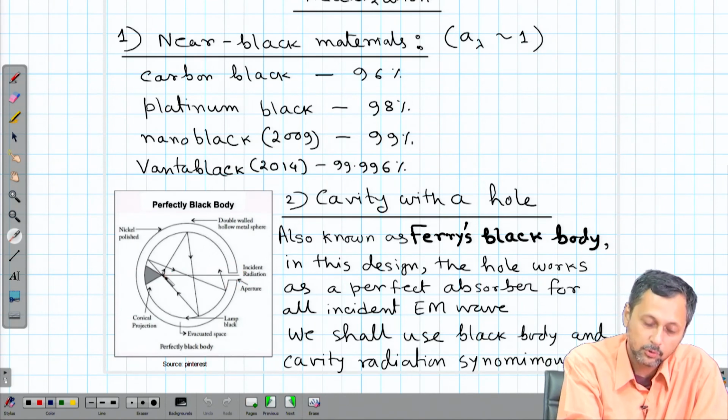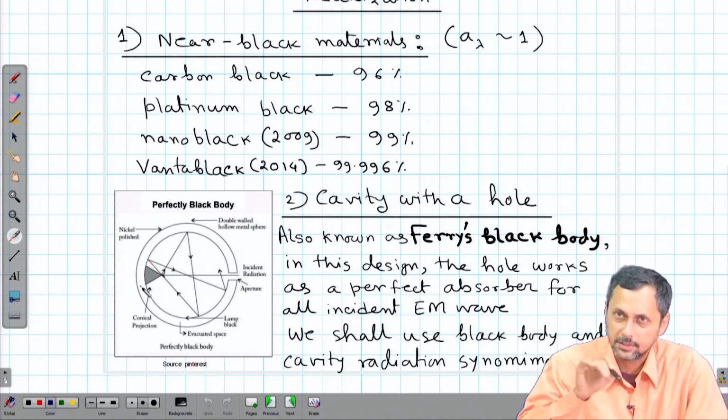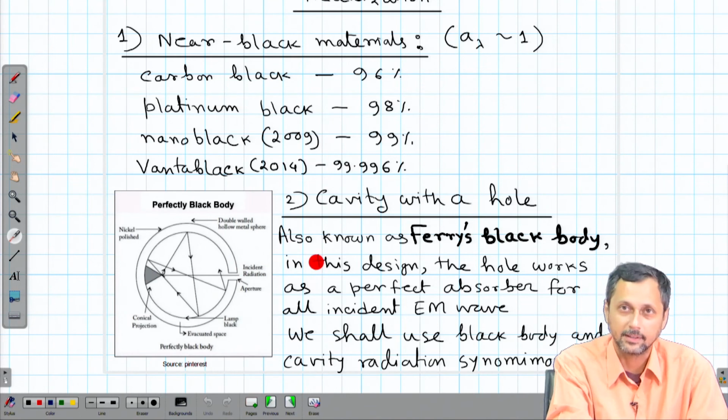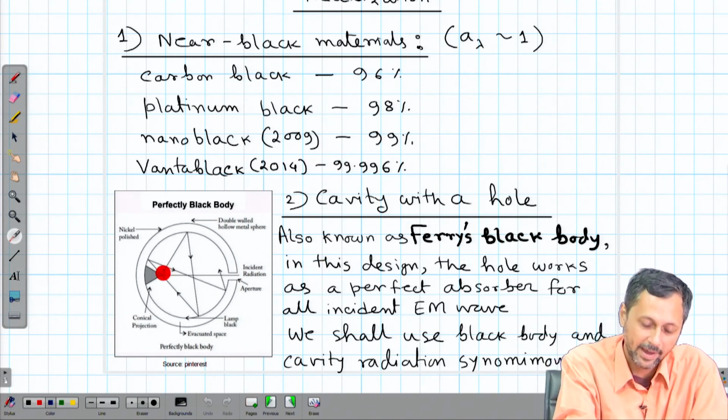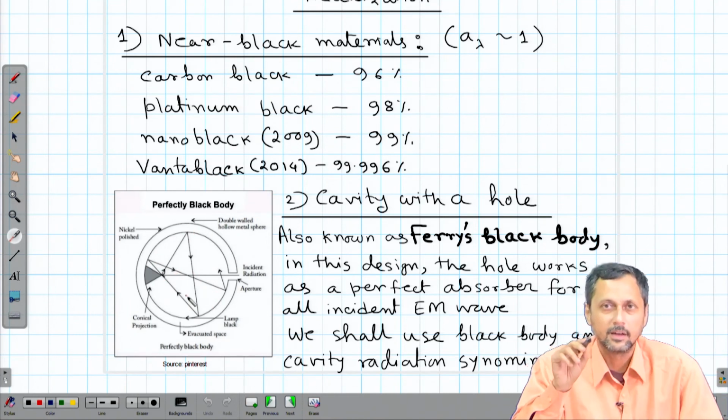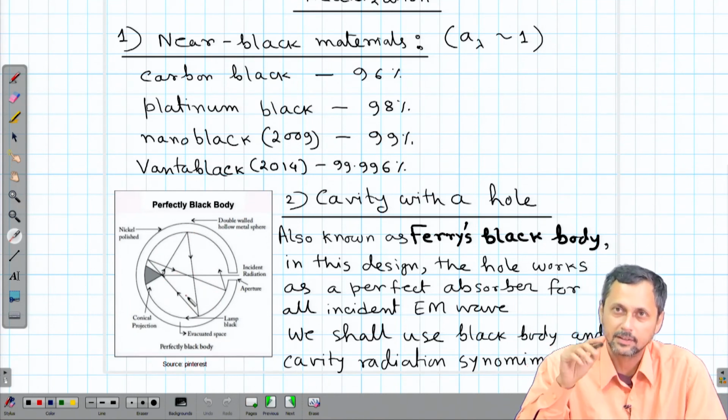Just opposite to this opening, there is a sharp feature on the wall. And what is the role of this sharp feature? Any incident radiation that comes in cannot be reflected back directly. Instead it will fall on this angle, and it will get randomly reflected inside the cavity.